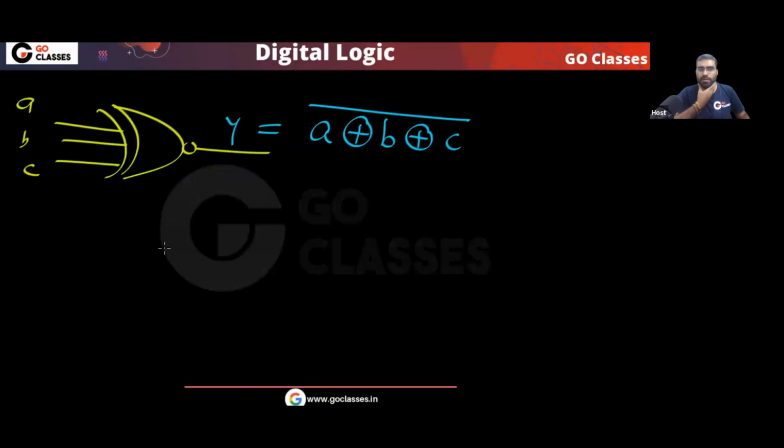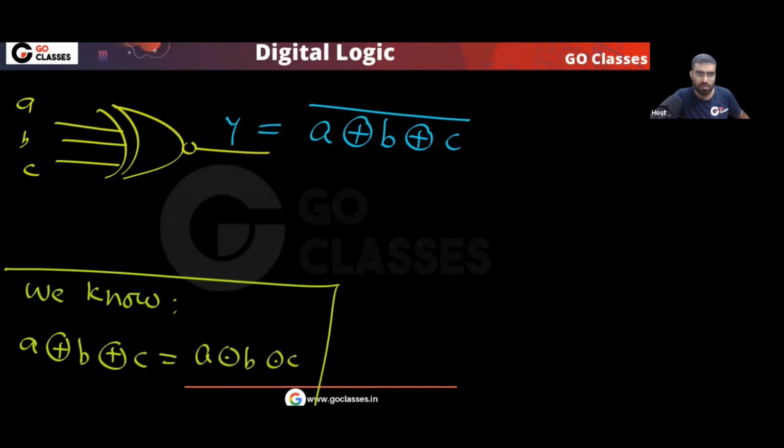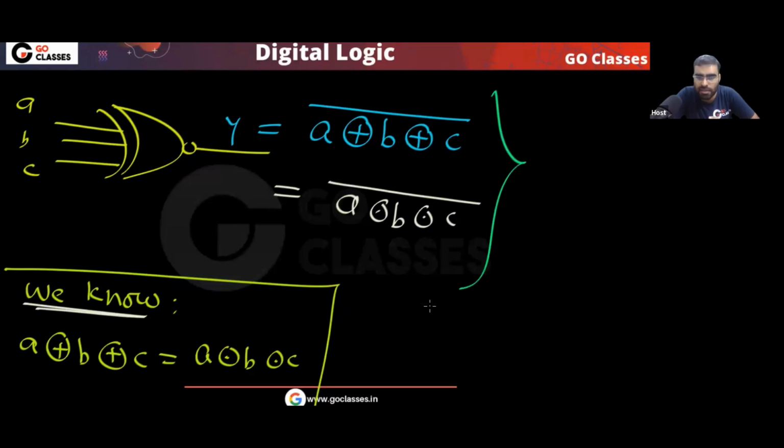Now, what we know is that if you have an odd number of variables, then that is same as XNOR. So actually it will become A complement, B complement, C complement. Yes or no?